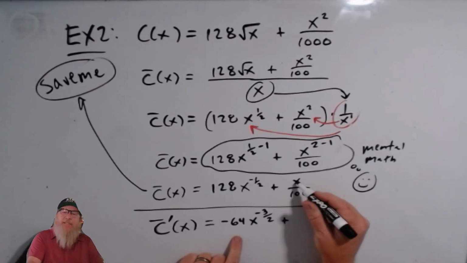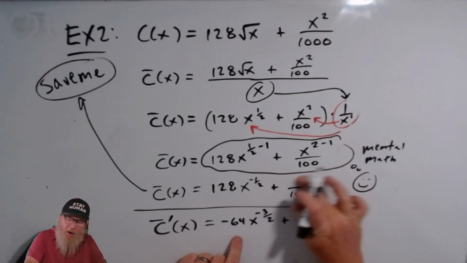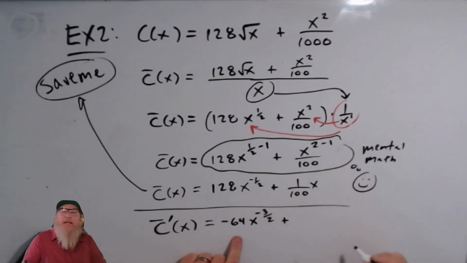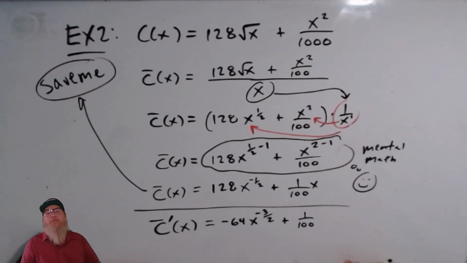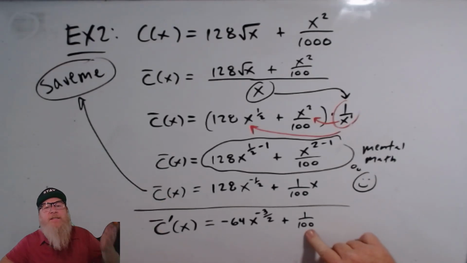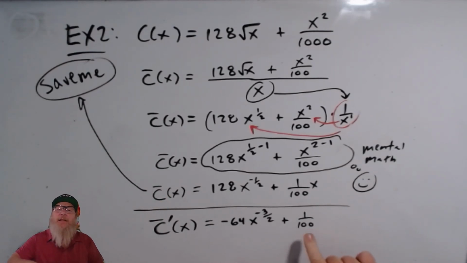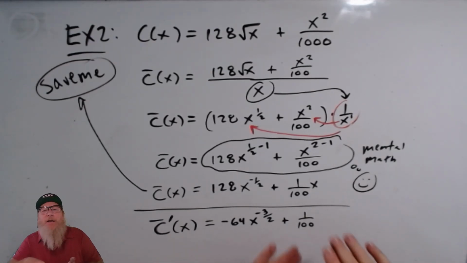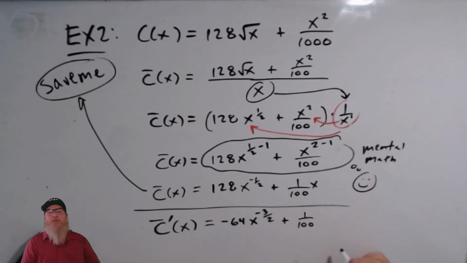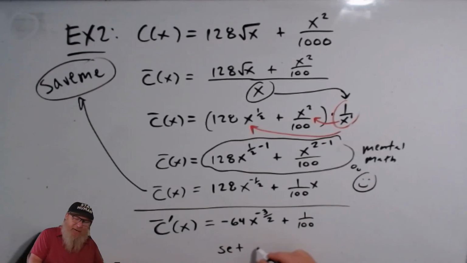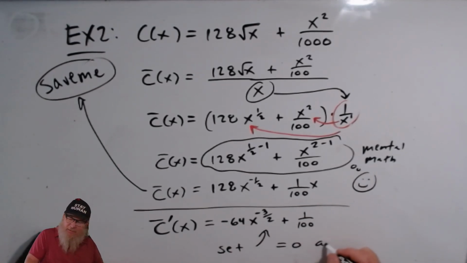And then remember, this is just the same as 1 over 100 times x. So the derivative is just 1 over 100. Or if you prefer, 1 cent. That's what that means. 1 over 100 is 1 cent. So it's like having 1 additional cent at the end of your average cost function. And then set this equal to 0 and solve.